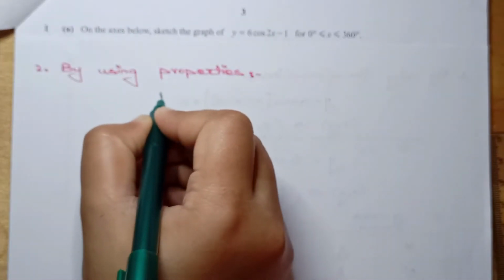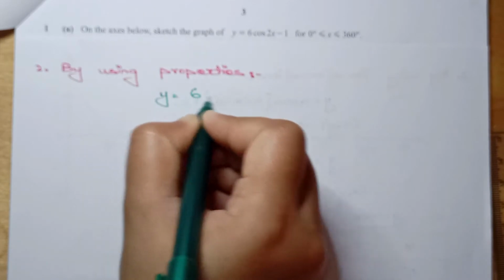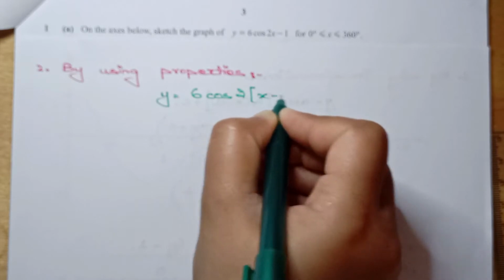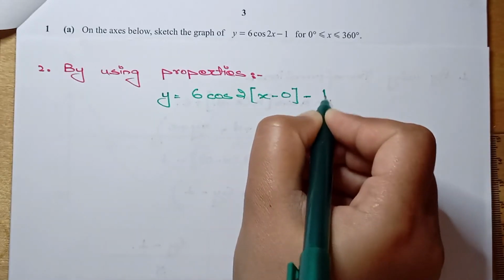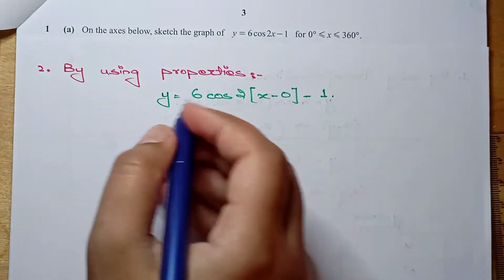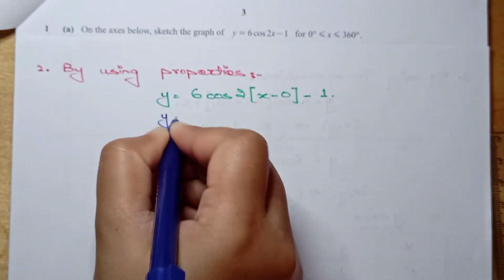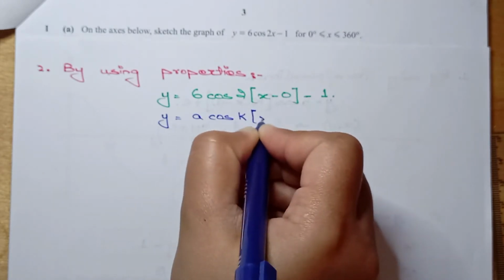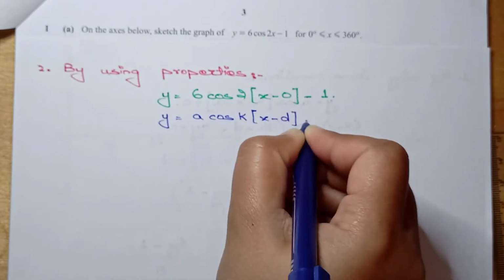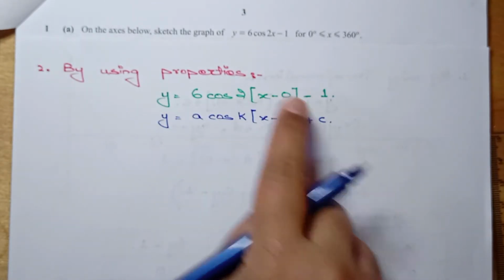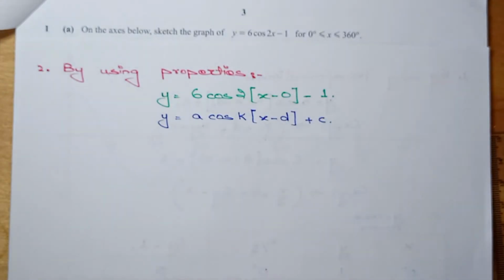So it is y equals 6 cos 2 into x minus 0, minus 1. Okay, so if I compare it with the standard form, that is y equals a cos k into x minus d plus c, now a is 6, k is 2, d is 0, c is minus 1, right? Like we did in the first method.